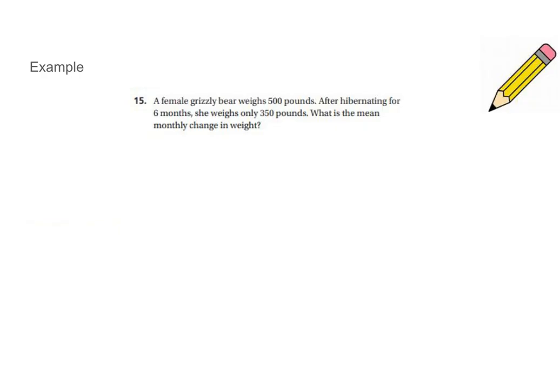In this example, a female grizzly bear weighs 500 pounds. After hibernating for 6 months, she weighs 350 pounds. What is the mean monthly change in her weight? So her final weight is 350. Her original weight was 500. And 6 months was the amount of time hibernated.